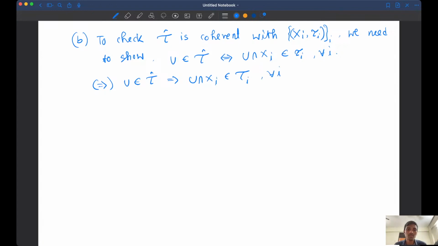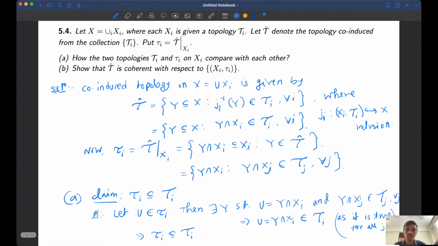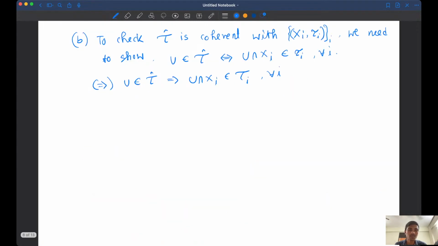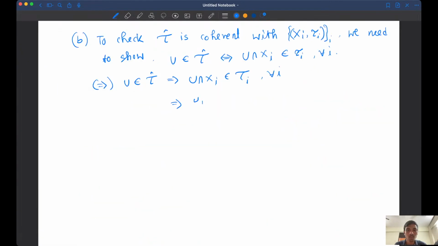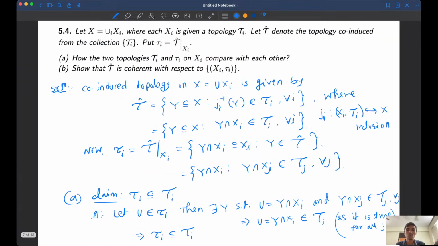Now u intersection xi, from the topology definition, belongs to tau j for all j. From the definition of tau I know that u intersection xi belongs to this small tau I. This is for all I, because for whatever I choose, I already have this condition satisfied from this one.